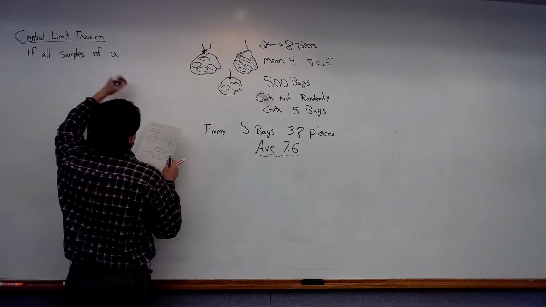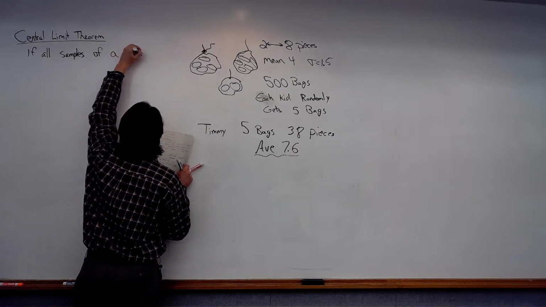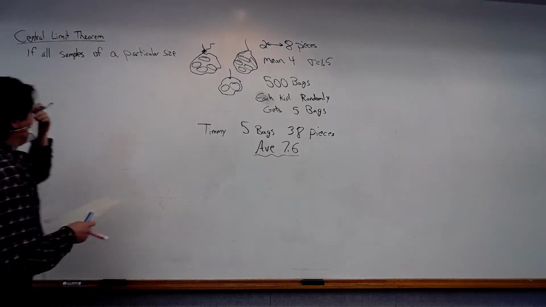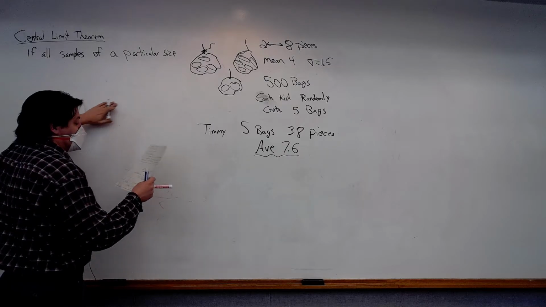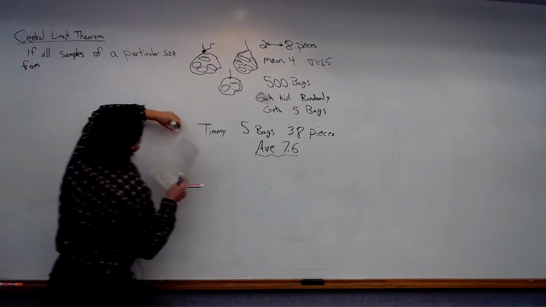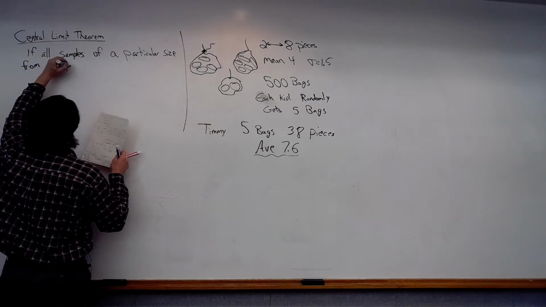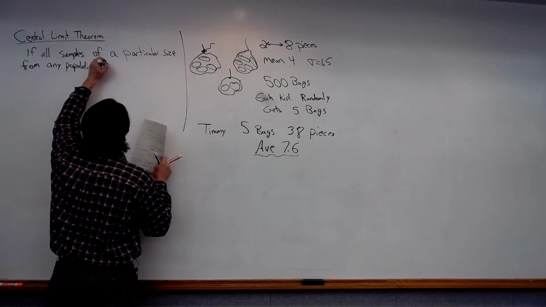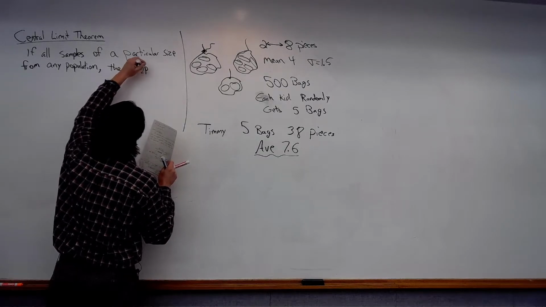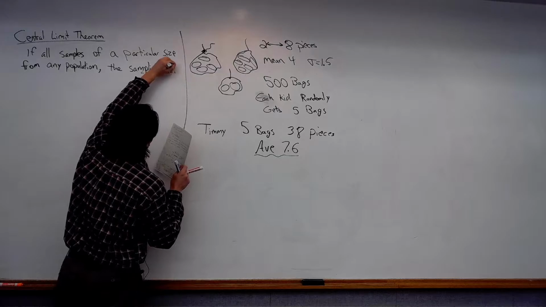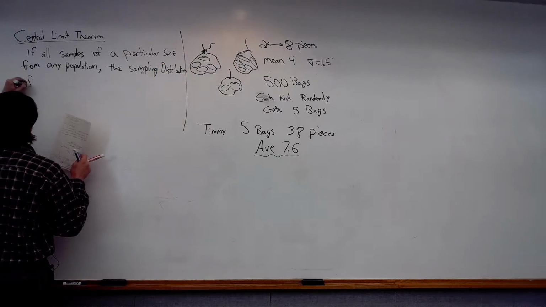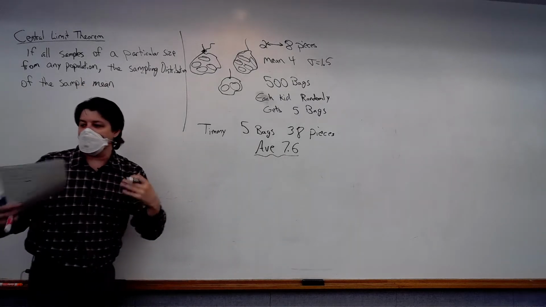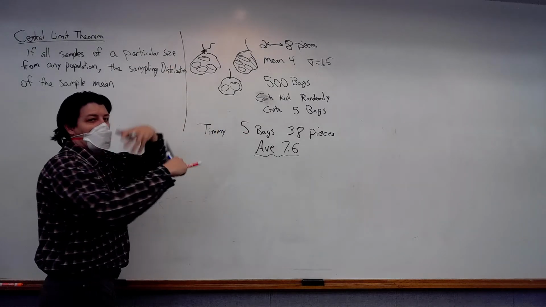So the central limit theorem: if all the samples of a particular size, so far for Timmy we've taken a sample size of 5, so we are now talking about taking all the samples of size 5, if we were to do that from any population, and here our population is those 500 bags, so if we were to take all of the possible samples, the sampling distribution of the sample mean, so here the sample mean was 7.6, Timmy's one sample was 7.6, but we would do this many times with all the possible samples of size 5.